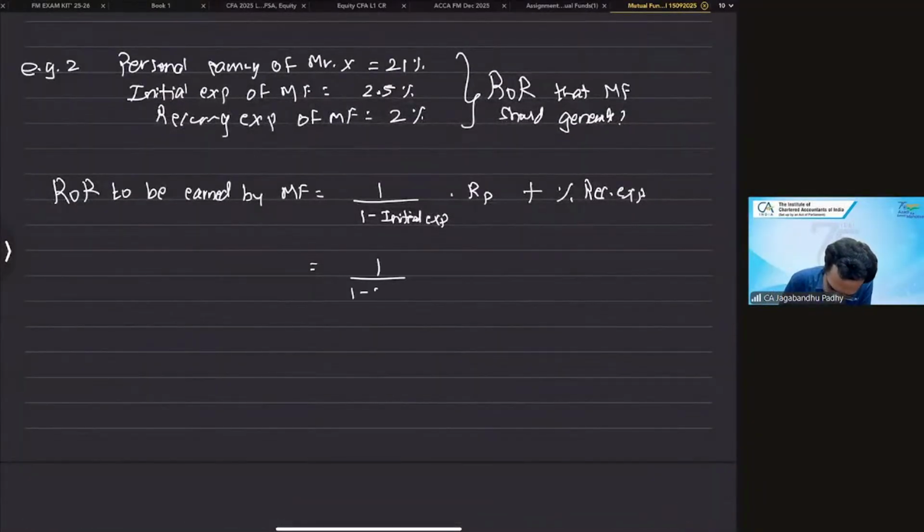So 1 upon 1 minus the initial expenditure, which is 2.5%, 0.025, into the return of the portfolio, which is 0.21, right? And then plus 0.02.